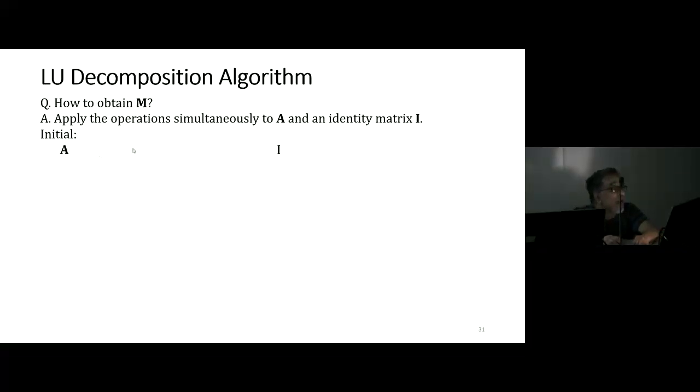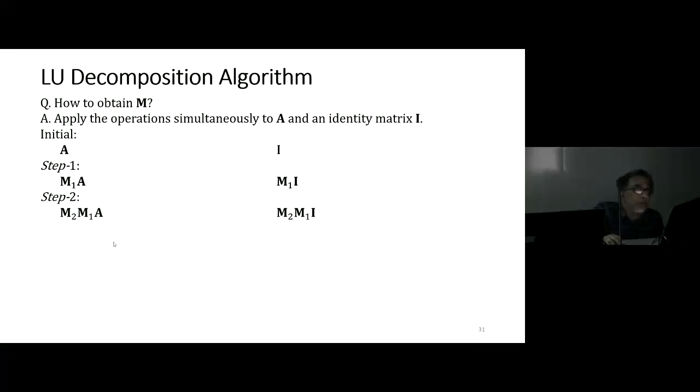What I do is I simultaneously take A and an identity matrix. Okay, and then step 1, the same row operations that I perform on A, I will also perform on I. So, since I'm doing the same row operations, I'm pre-multiplying essentially A with M1 and I with the same matrix M1. That's in step 1.